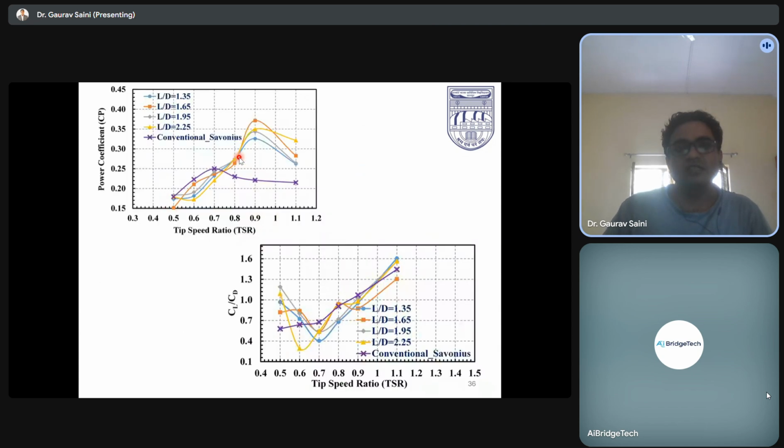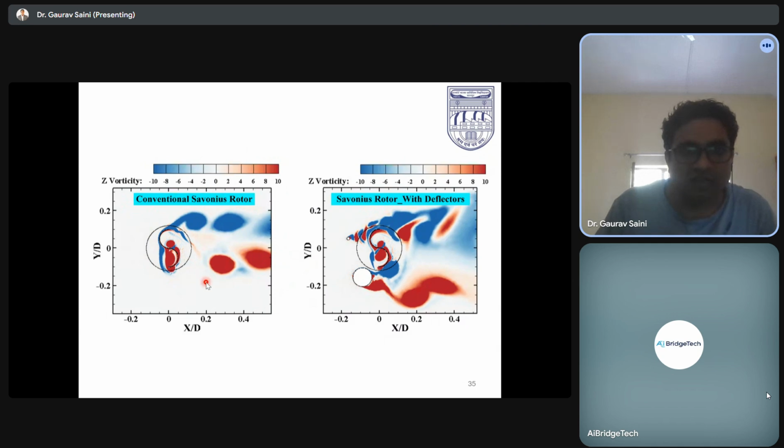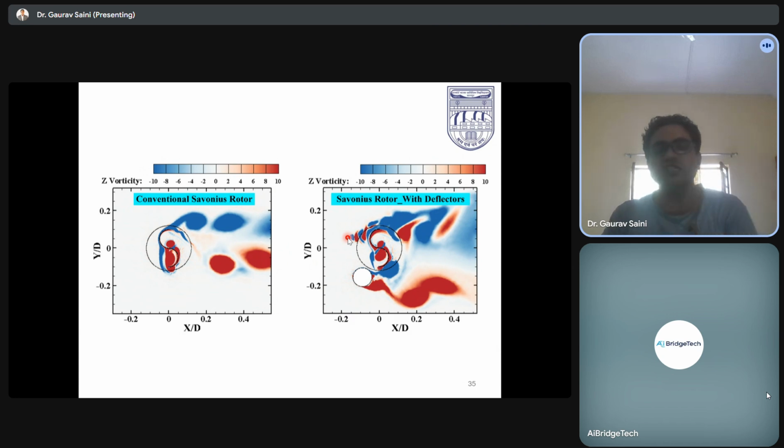In this case, you can see this is the conventional Savonius one without any kind of deflector system. But in the case with the deflector system, what we are visualizing is that this deflector is basically reducing the effect of the incoming water on the returning blade.